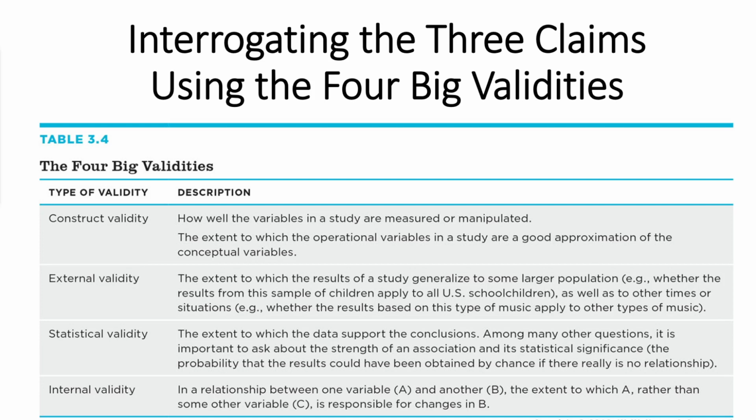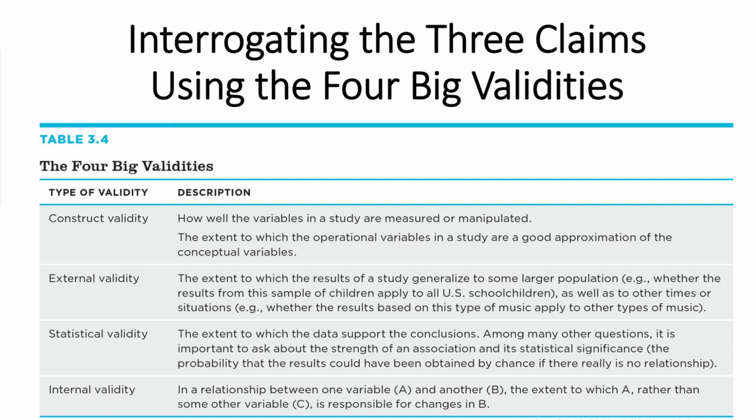How sure are we that A is causing B and something else isn't involved, something else isn't driving this relationship? So how certain are we of the results that we're seeing and the associations that we think we're describing? So how sure are we of what we're looking at?